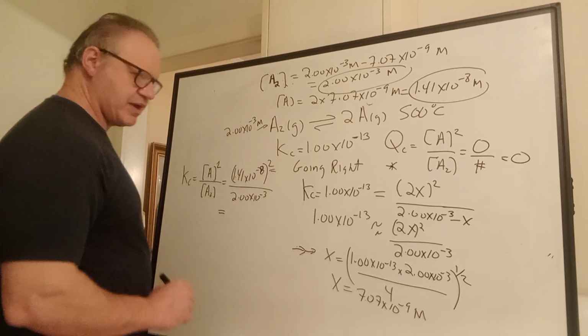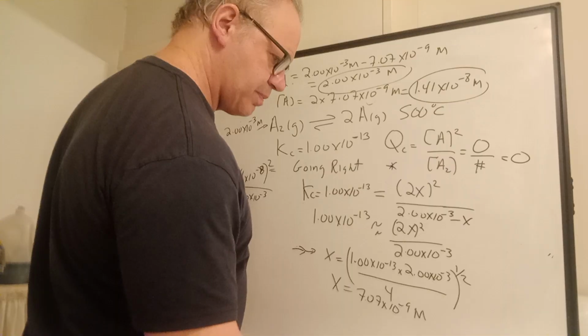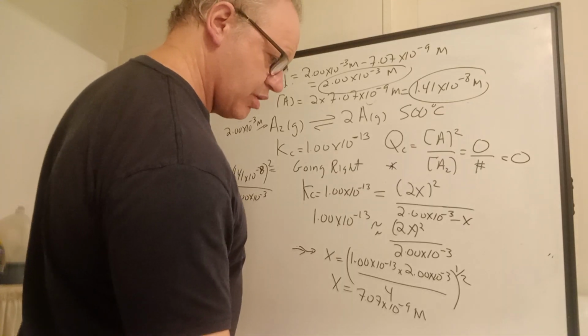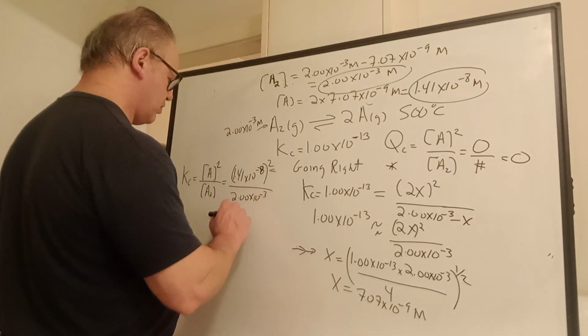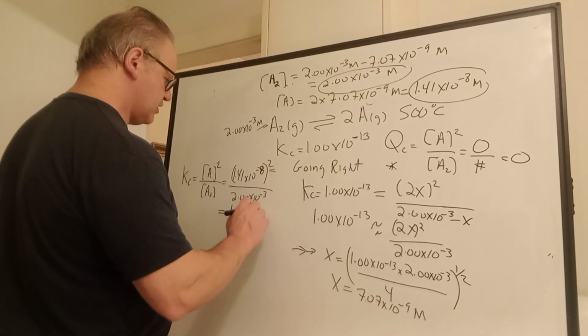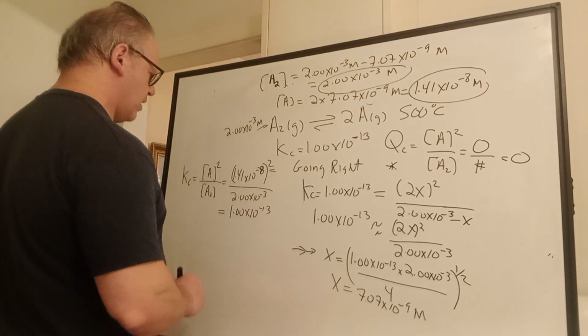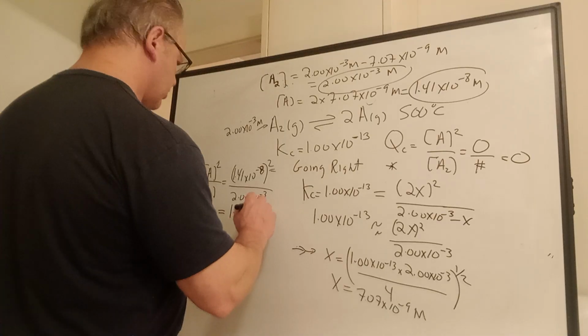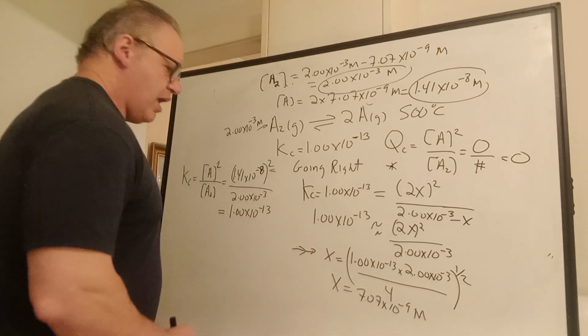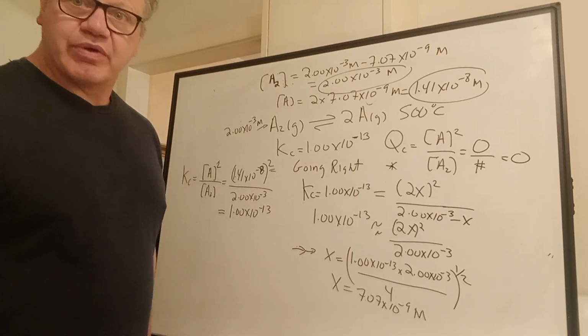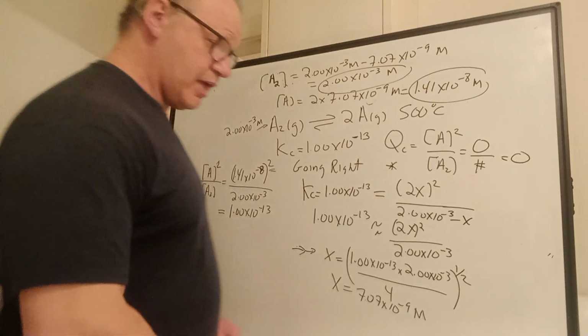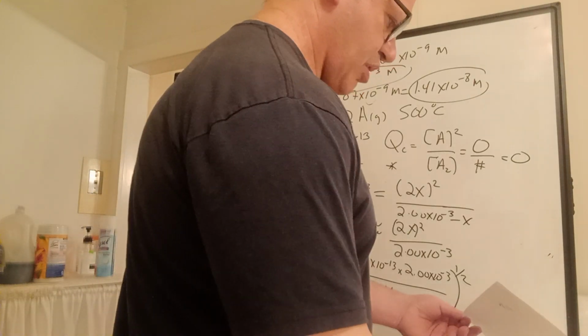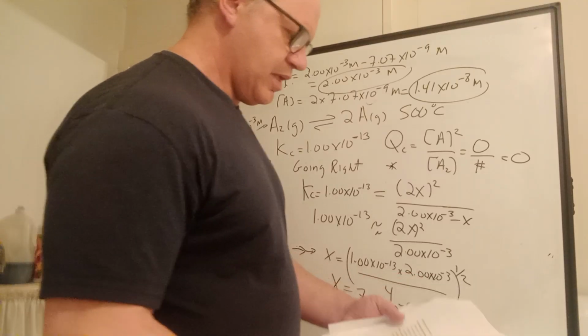When I plug that in my calculator, I get 1.00 times 10 to the minus 13, unless it's an equilibrium constant. And that's what we started out with, right? So we look good. That matches our Kc that we were given.